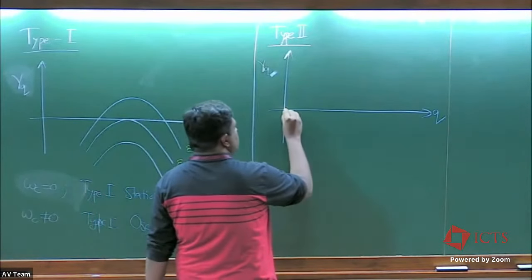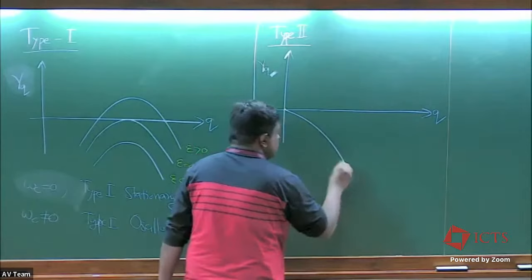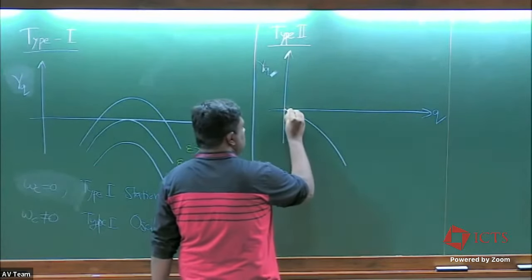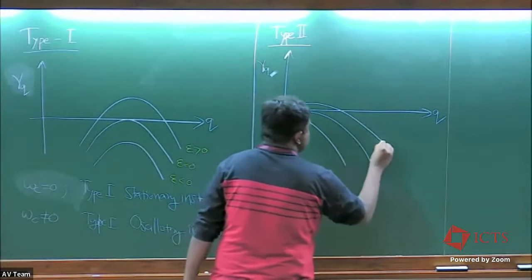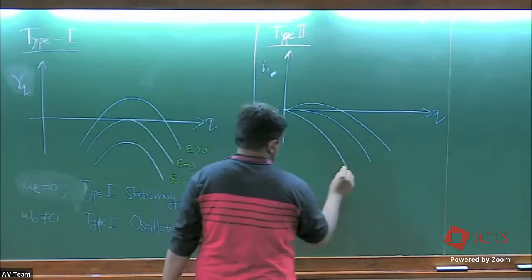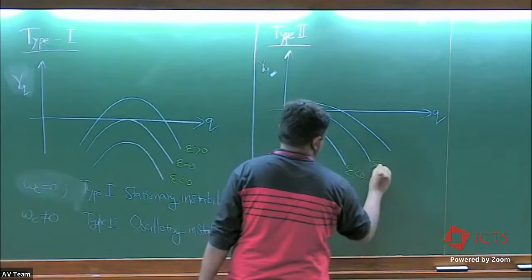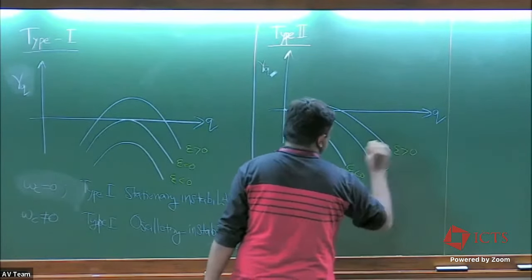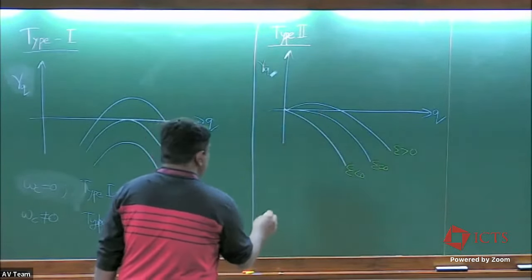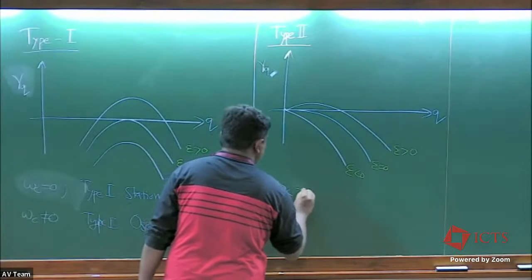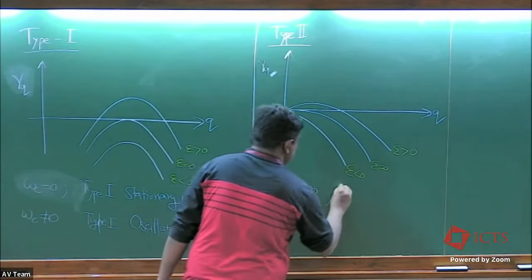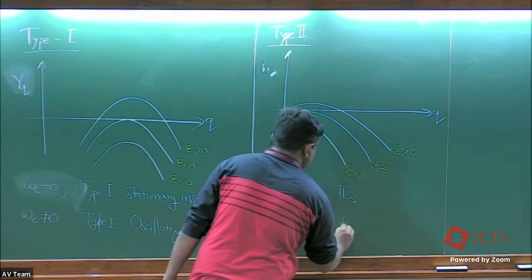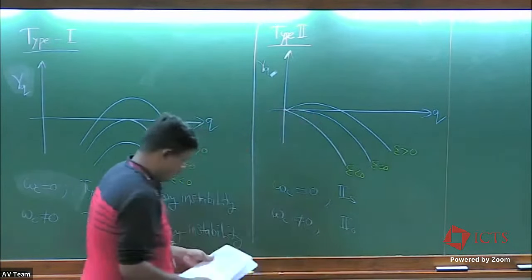And you can have a situation where for some epsilon less than 0, the growth curve looks like this, and epsilon equal to 0. Again, you can have the two classifications where omega c equal to 0 or omega c not equal to 0. This would be type 2 stationary, type 2 oscillatory.